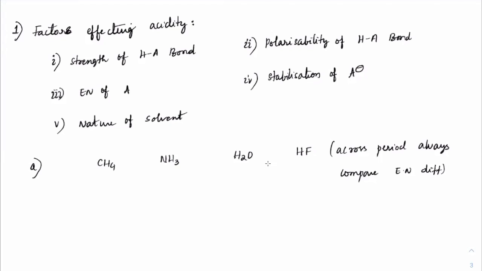Now you can see that HF, having more electronegativity difference, would be more acidic than the others. So it's clear that more delta E, electronegativity difference, implies more acidic strength.